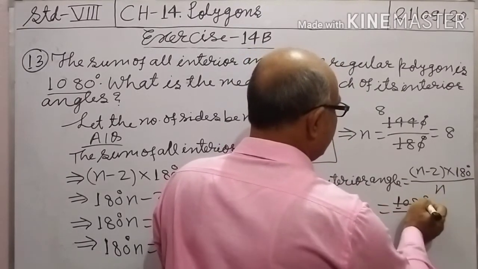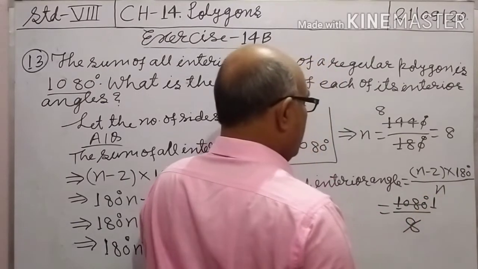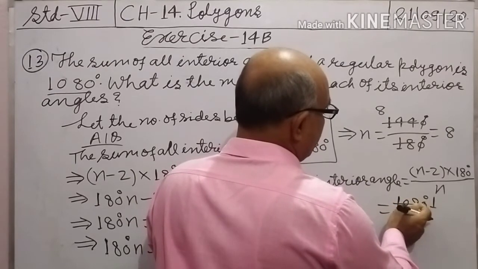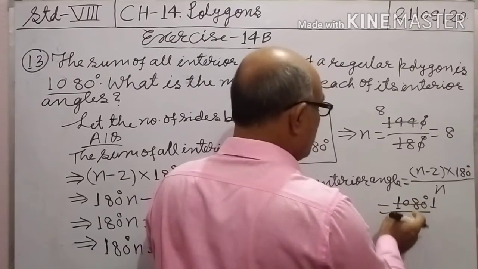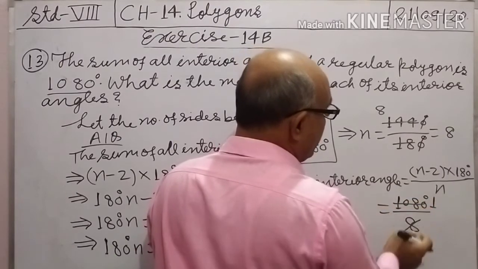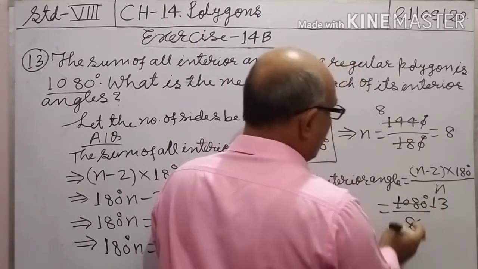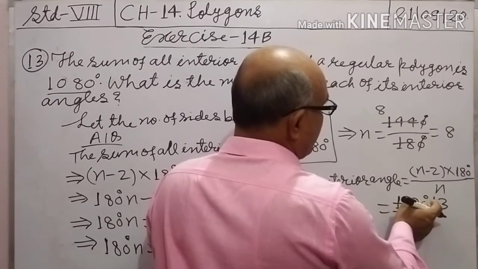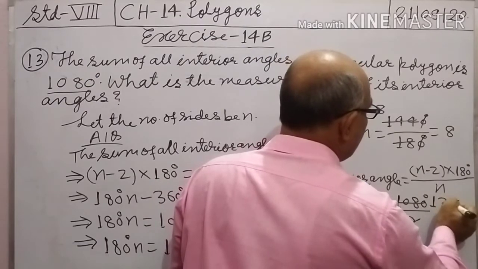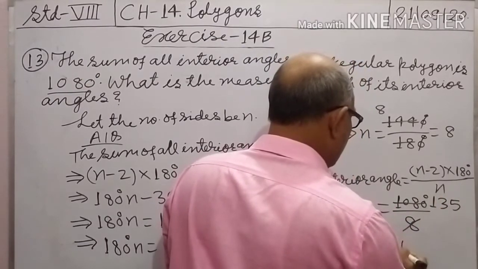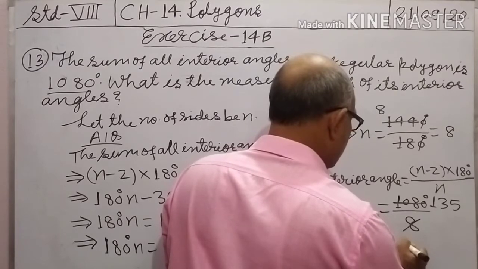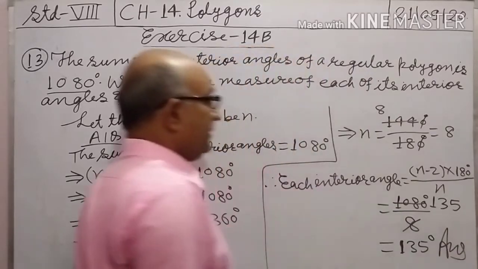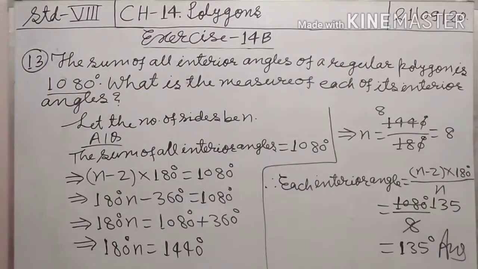So divided by 8. 8 times 135 is 1080. Equal to 135 degree, answer. Students, understand and write it.